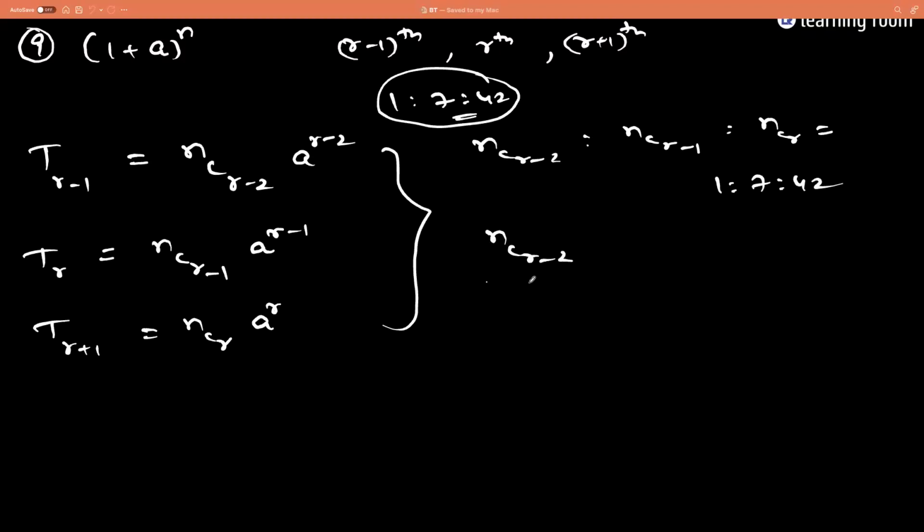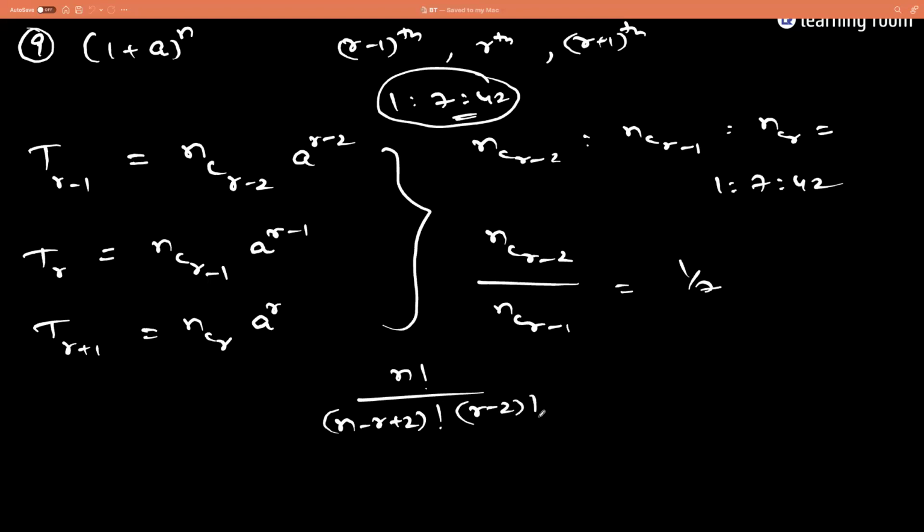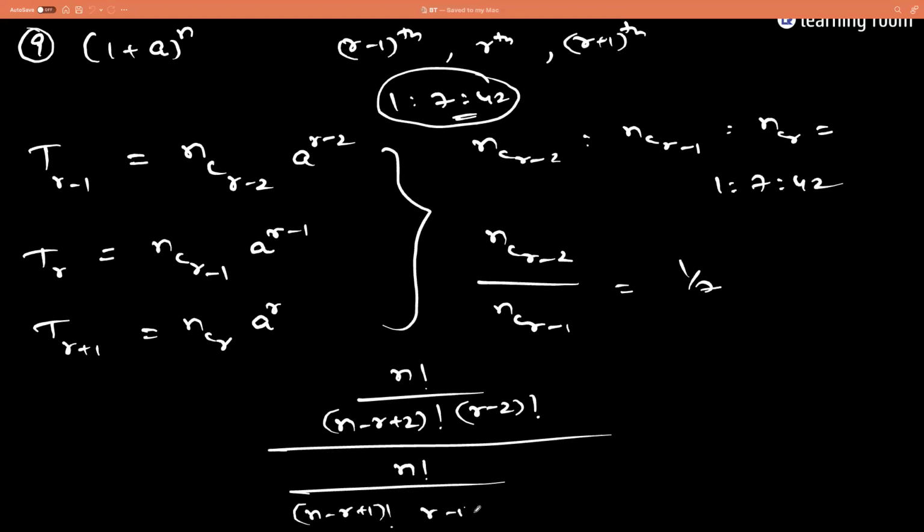So nC(r minus 2) by nC(r minus 1) is 1 by 7. That will give you n factorial divided by (n minus r plus 2) factorial into (r minus 2) factorial, the whole divided by n factorial divided by (n minus r plus 1) factorial into (r minus 1) factorial. This is 1 divided by 7, n factorial and n factorial are gone.